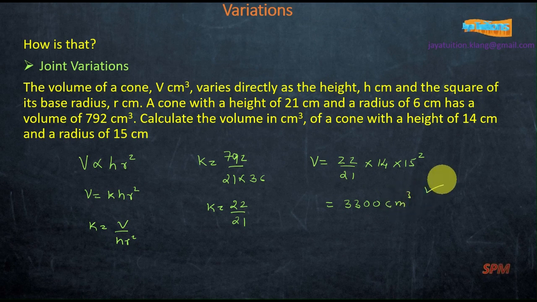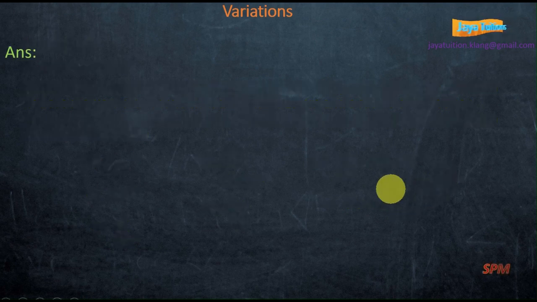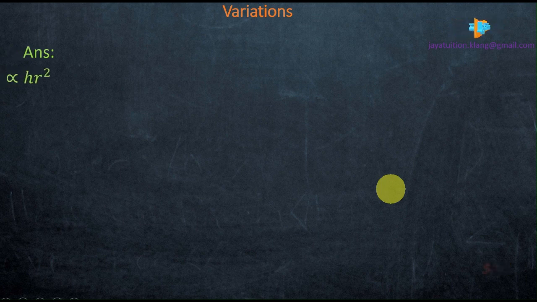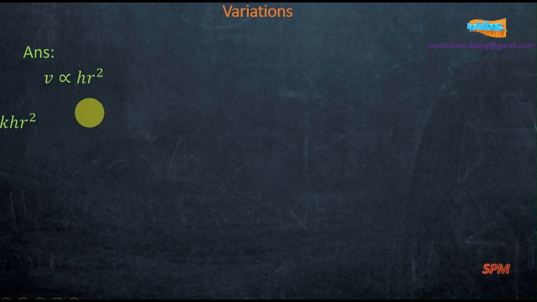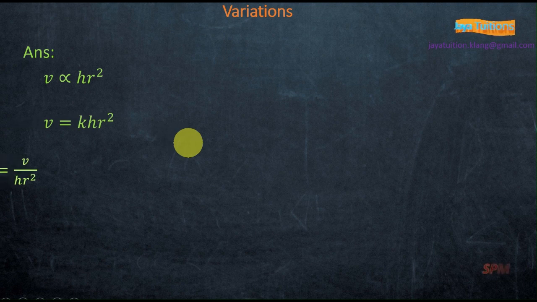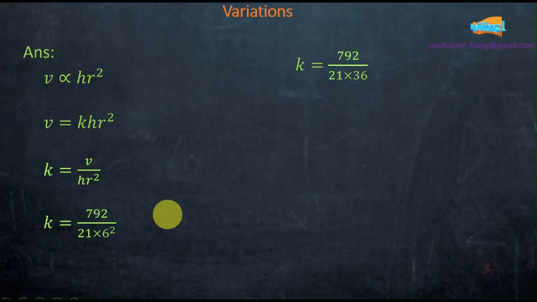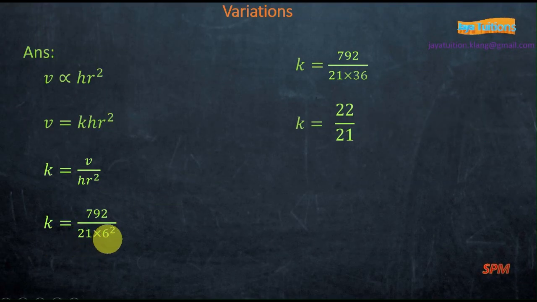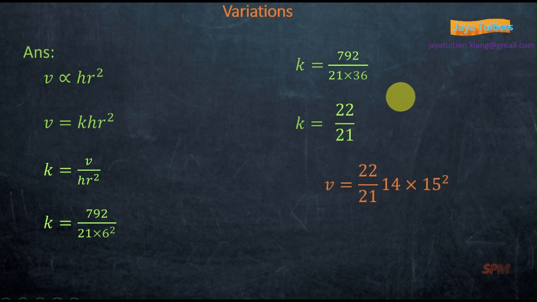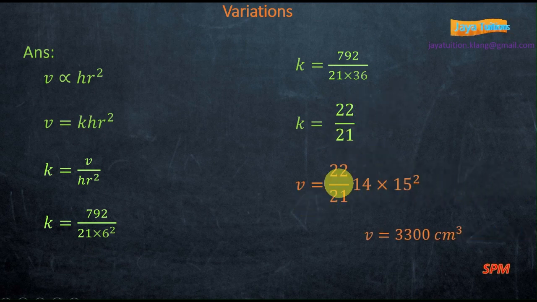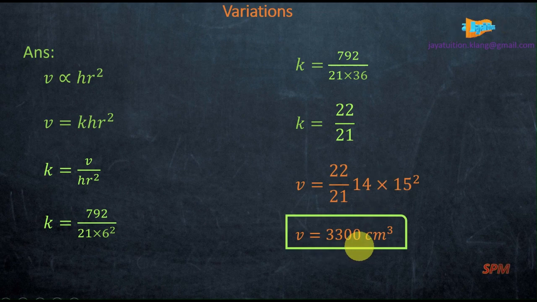That is the answer. So V is directly proportional to h times r square. Given in the numerical, we first find the value of k. k is equal to 792 divided by 21 times 6 square. k comes out to be 22 by 21. Put the values, and you get the same answer over here.